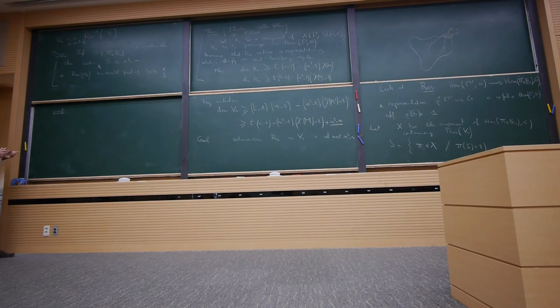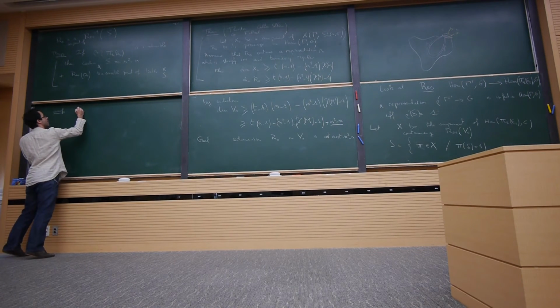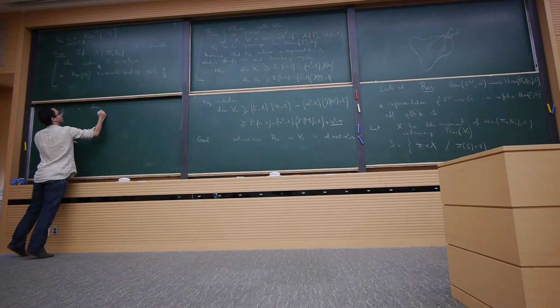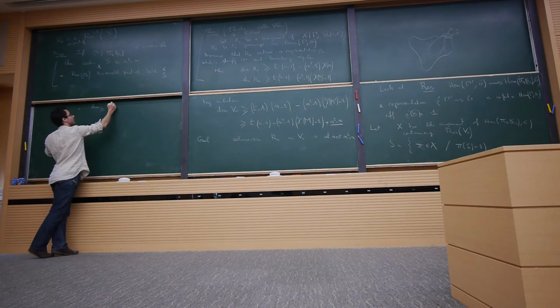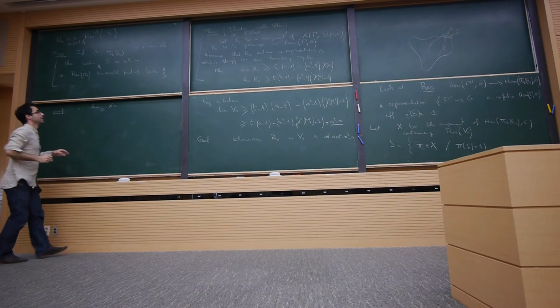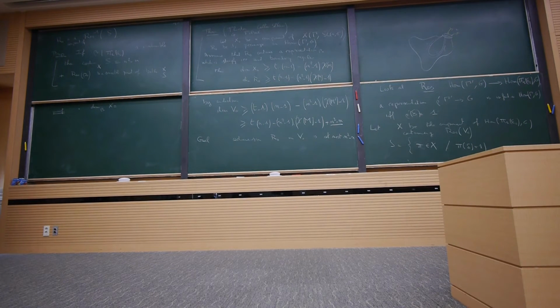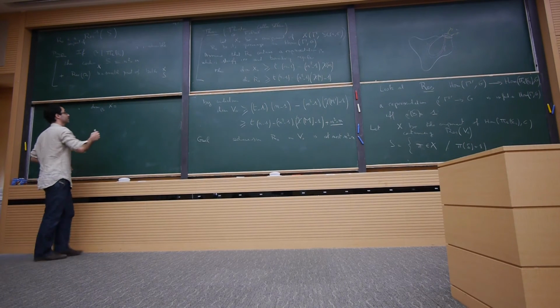The proof of this proposition is that first, the dimension at rho zero of X: well, it's the dimension at an irreducible representation of the representation space of the surface of genus 2.